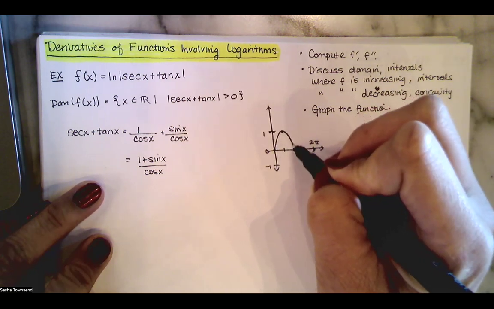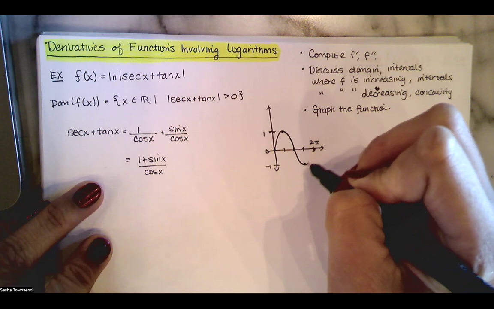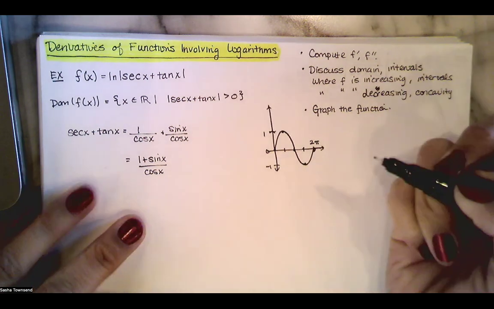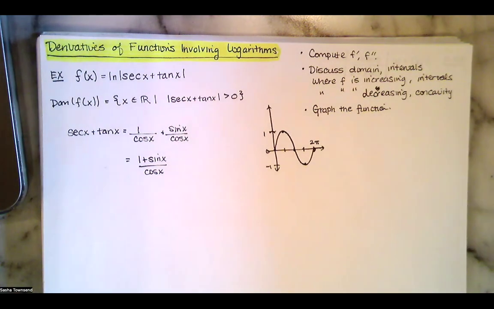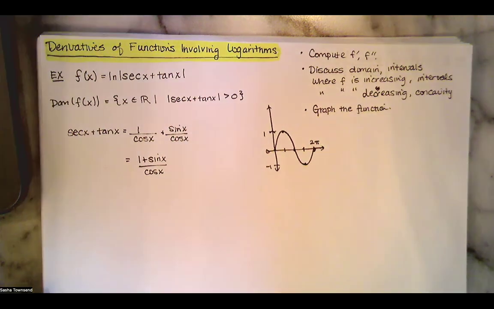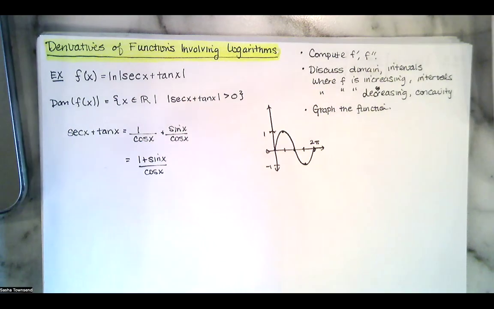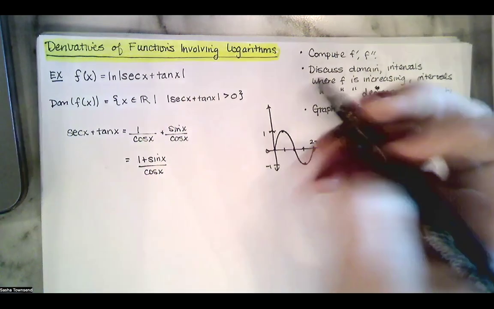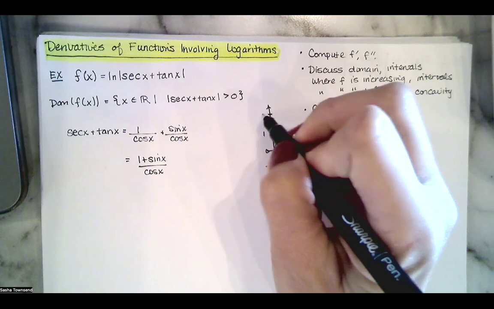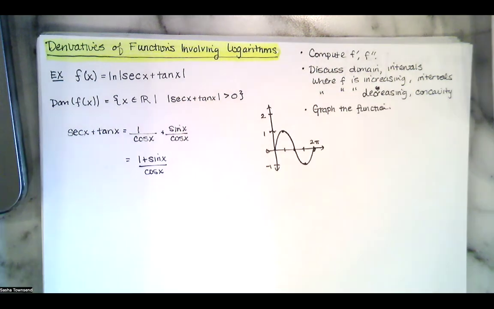This is what sine of x looks like. And 1 plus sine of x is going to look just like that, but all the y values are increased by 1. So instead of having a range of -1 to 1, 1 plus sine of x has a range of 0 to 2.